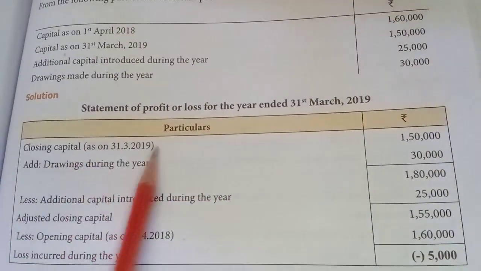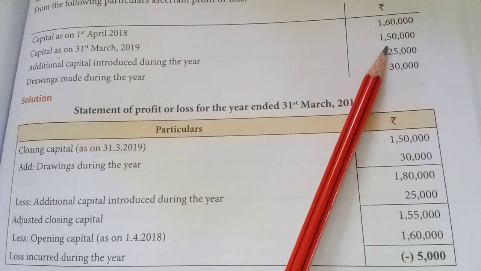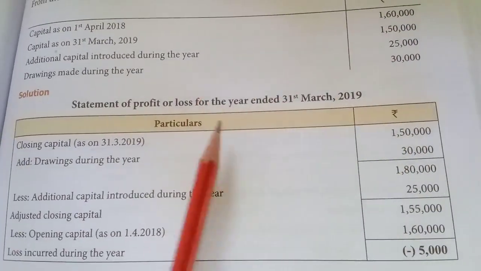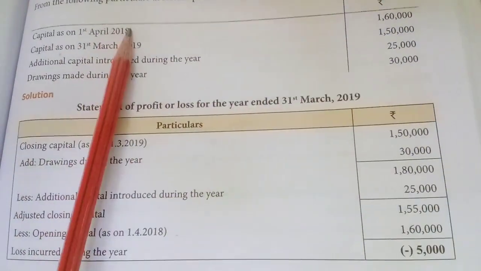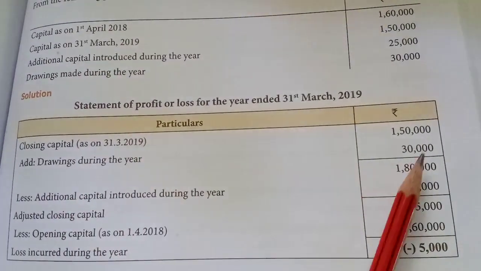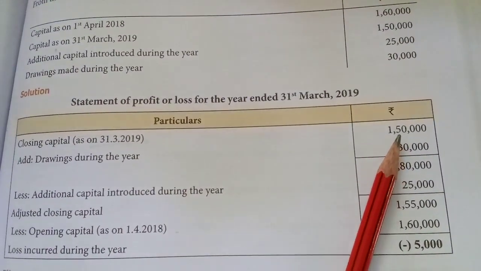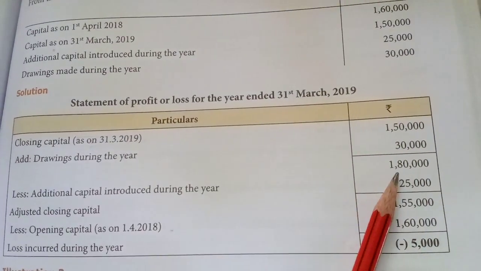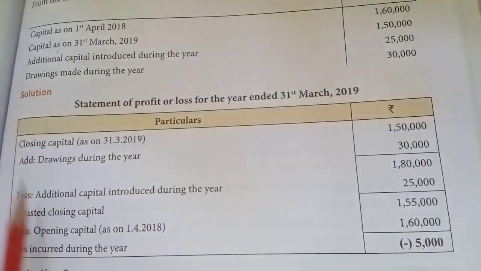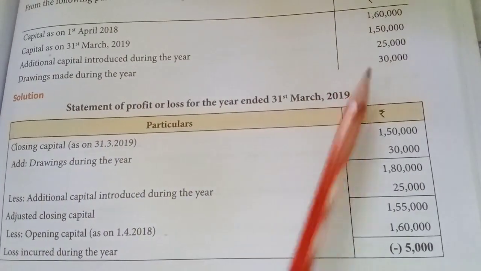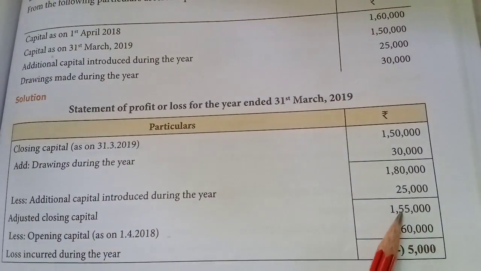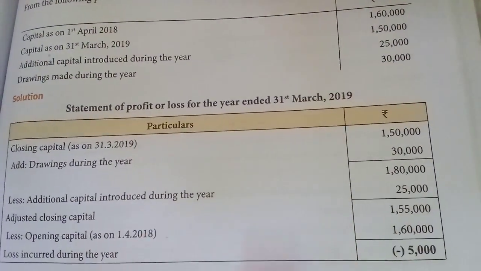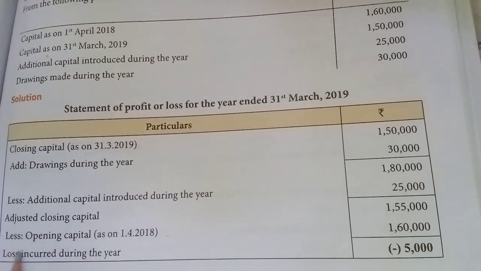Closing capital is 1,50,000. Don't write the first amount by mistake. First is the opening, second is the closing capital, 1,50,000. Then add drawings. Drawings 30,000, so 1,80,000. Then less additional capital 25,000. Amount is 1,55,000. That is called adjusted closing capital.